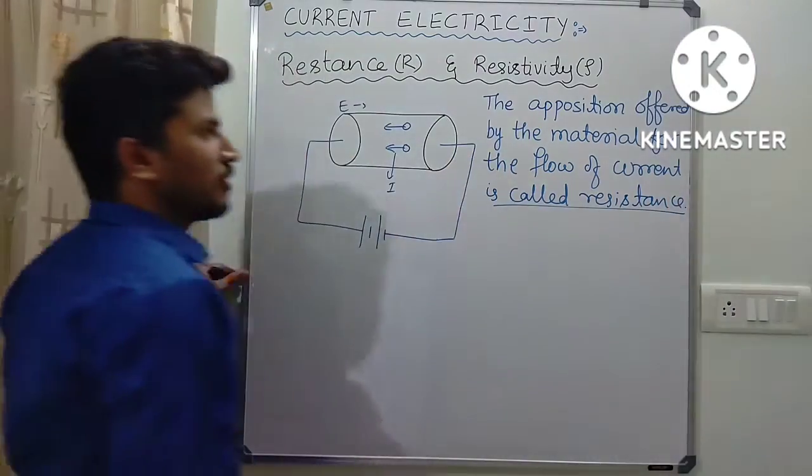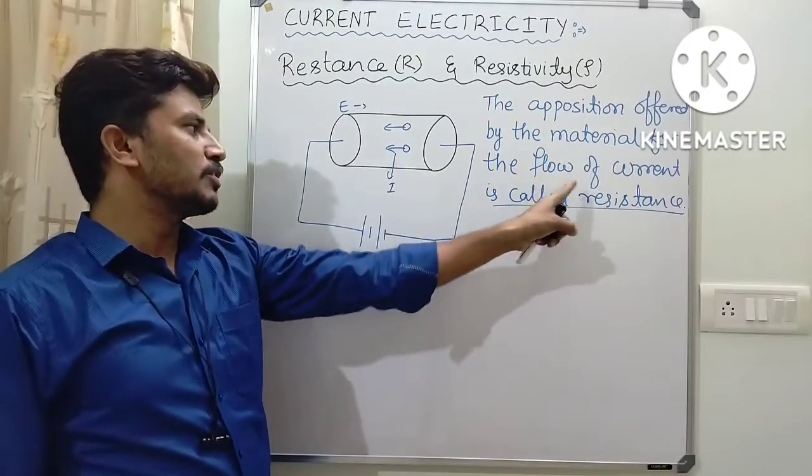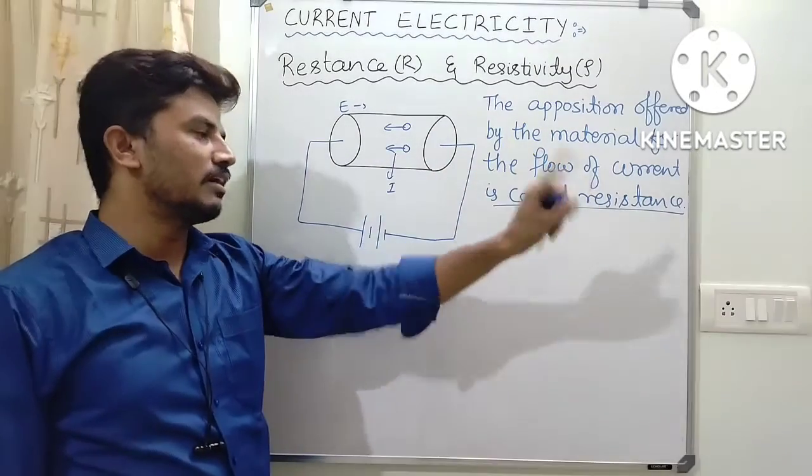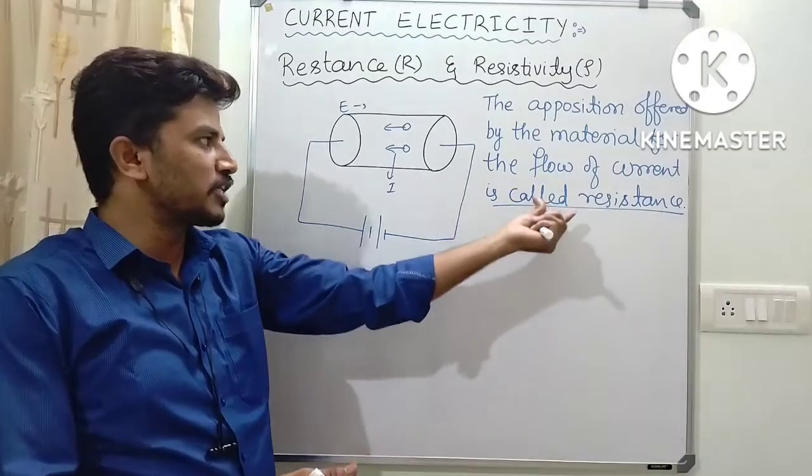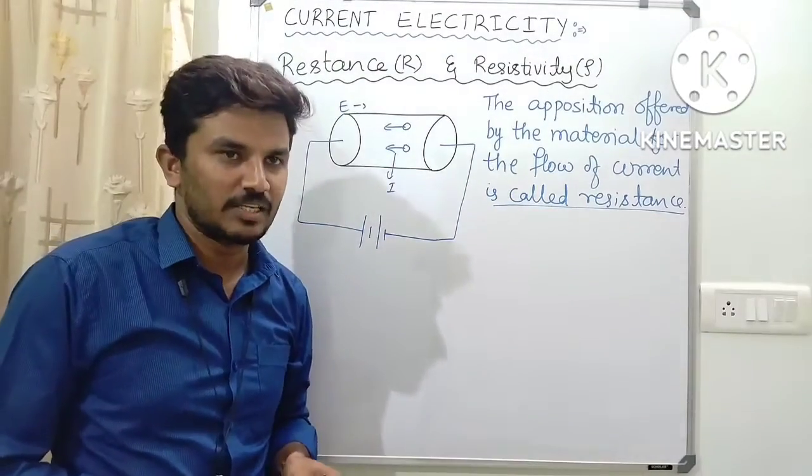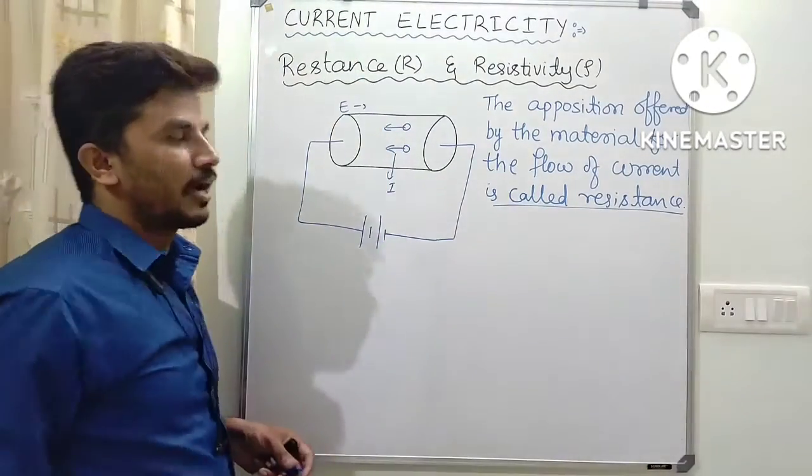So the opposition offered by the material for the flow of current, or for the movement of charged particles, is called resistance. It is represented by R.